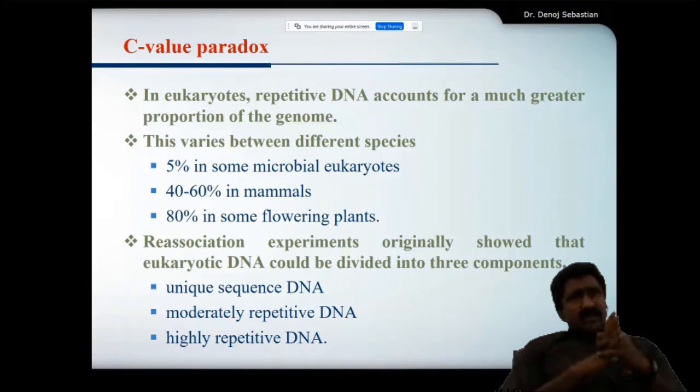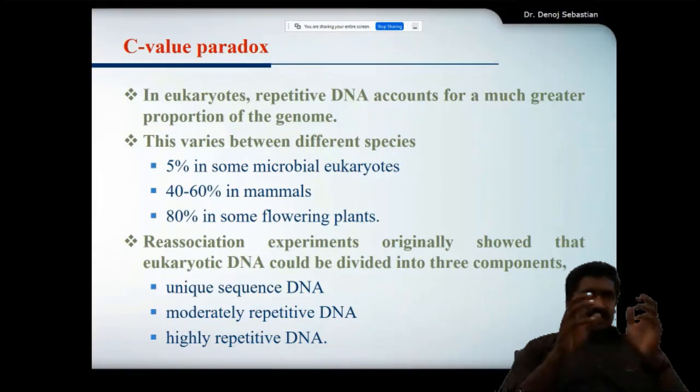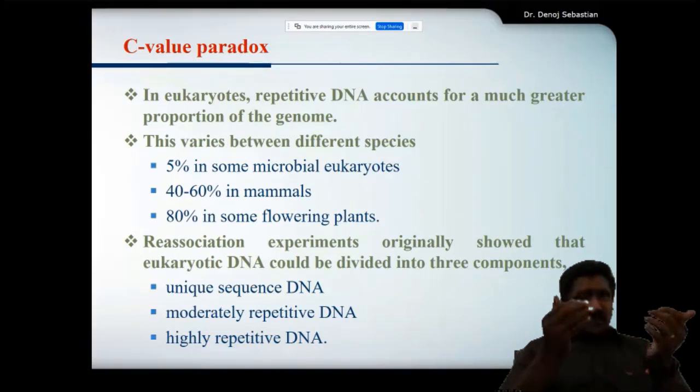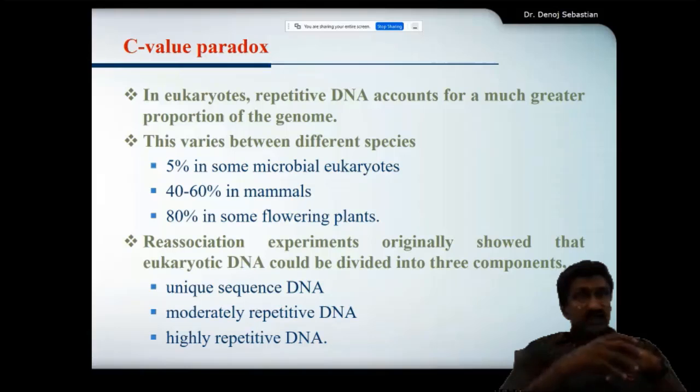In eukaryotes, repetitive DNA accounts for a much greater proportion of the genome, and this varies between different species. It is about 5% in some microbial eukaryotes, about 40 to 60% in mammals, and 80% in some flowering plants.